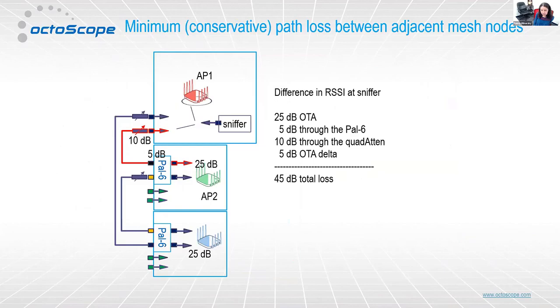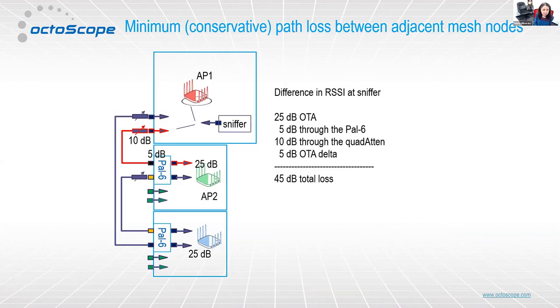Okay, so in this example we computed the delta. Because we have one sniffer, and the sniffer sniffs all the APs from its own perspective, we computed the delta that we expect the sniffer to see.